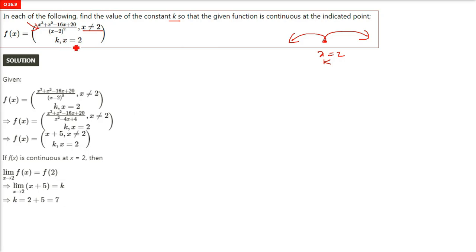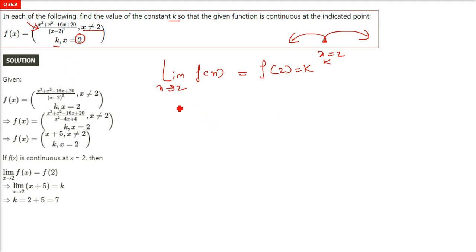That is, you need to know how to divide the algebraic expression and how to factorize it. So whatever limit we compute, we have to equate it with k. So limit x tends to 2 of f(x), the function we are talking about, is equal to f(2), which is k in this case, right?